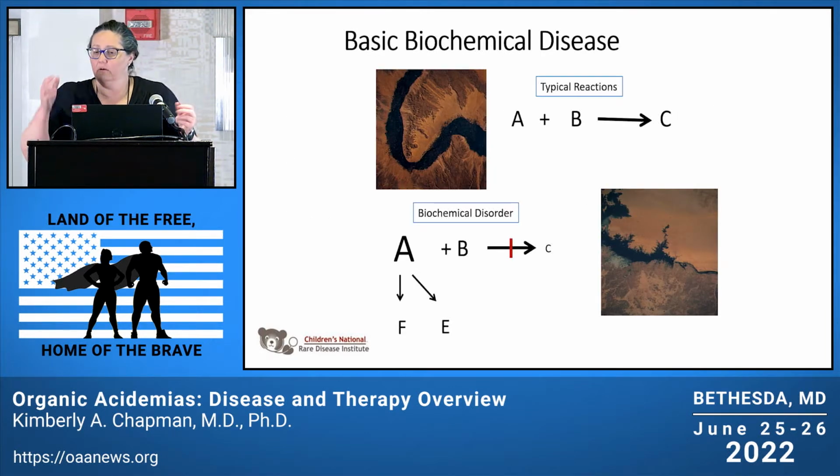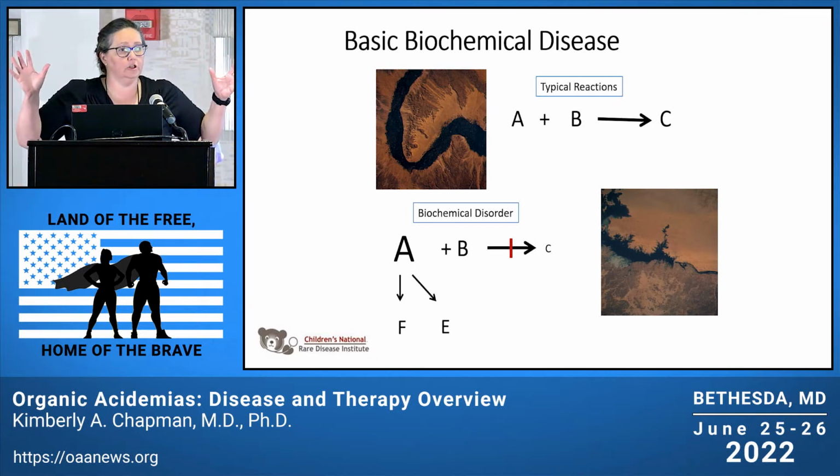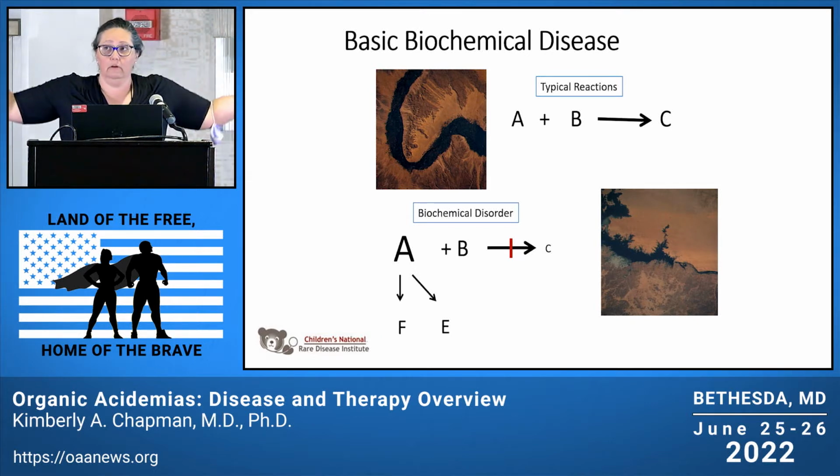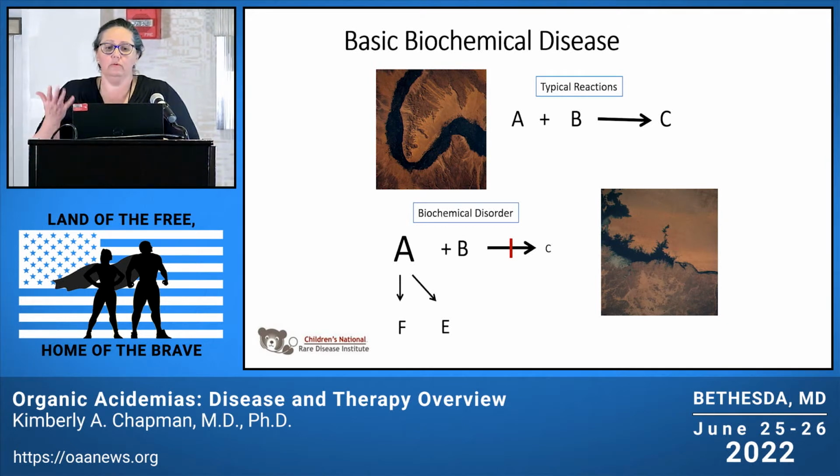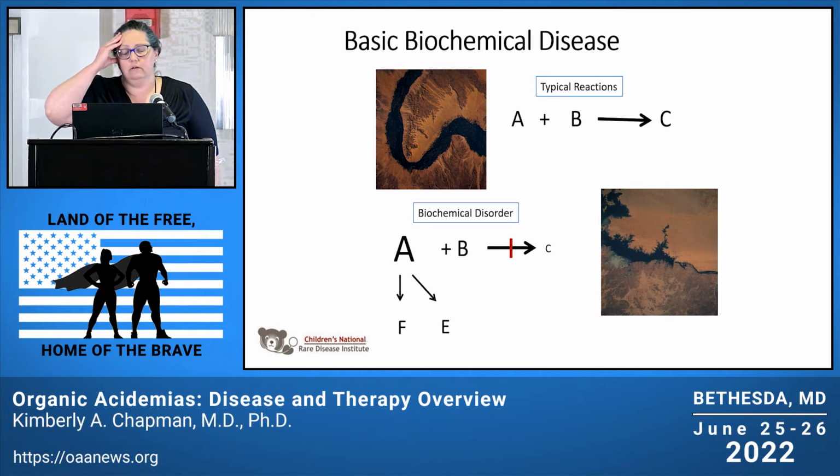Now, I like, when I talk about therapy, to start out by saying, I want you to think of whatever disorder you have as a dam in a river. Why do I say that? Well, so when we think about basic biochemistry, and we all remember this maybe from high school chemistry.